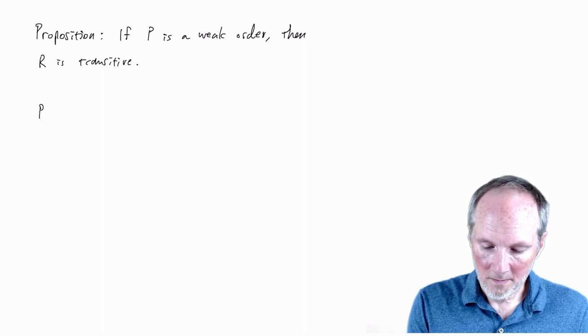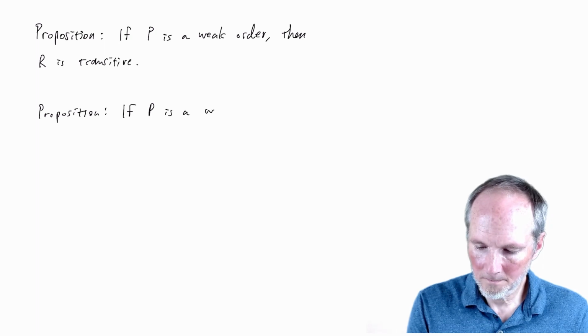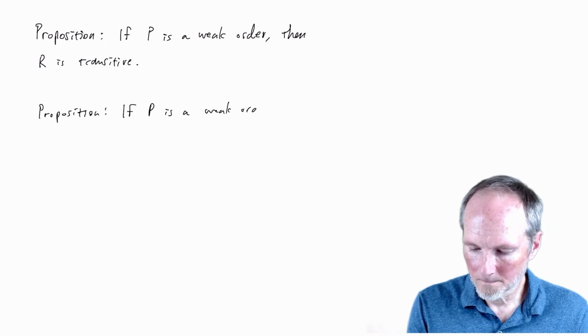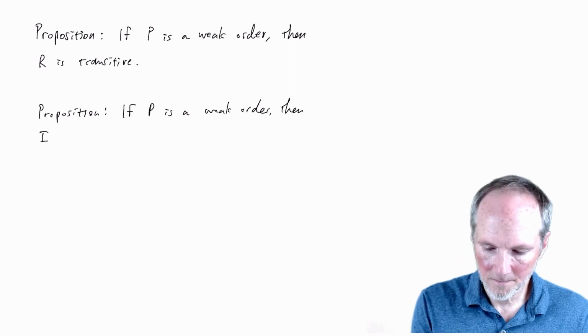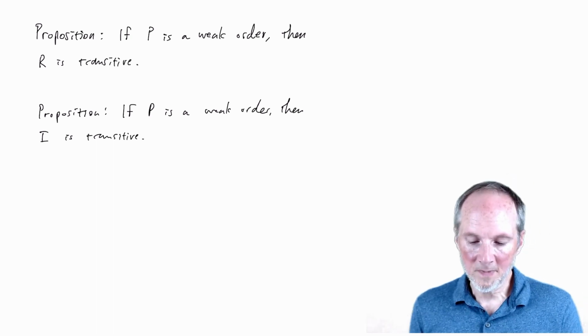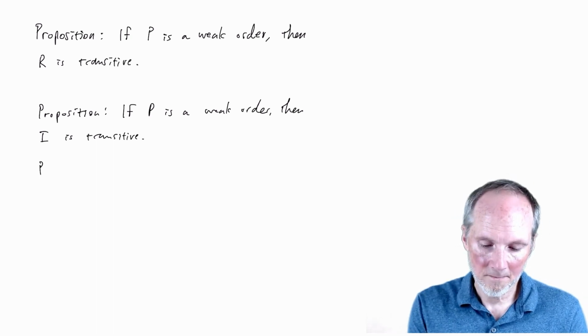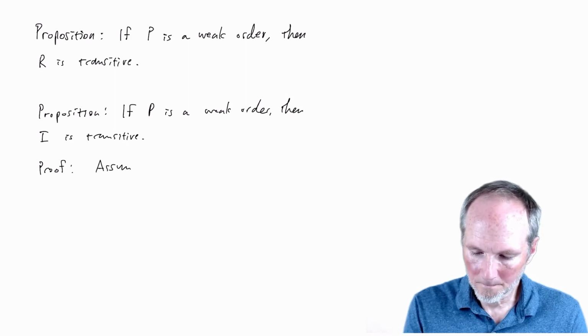But let's also point out that if P is a weak order, then indifference is also transitive. And this is actually pretty easy. So let's assume P is a weak order.